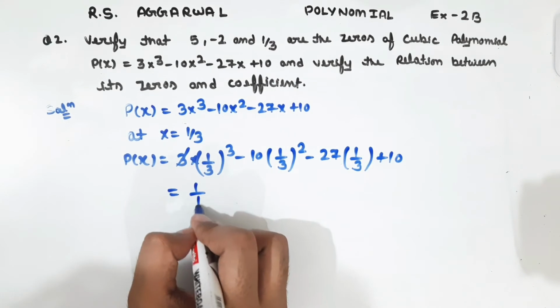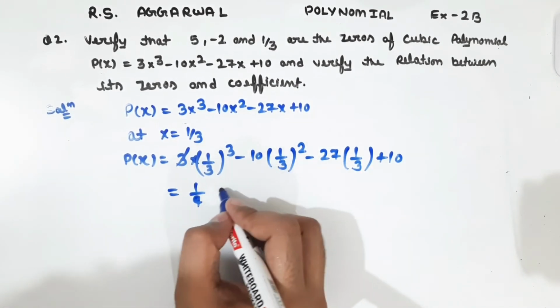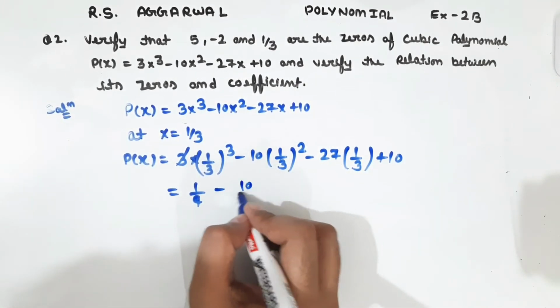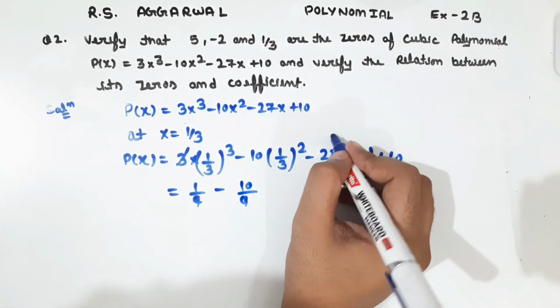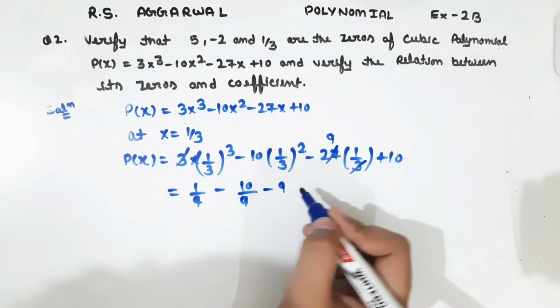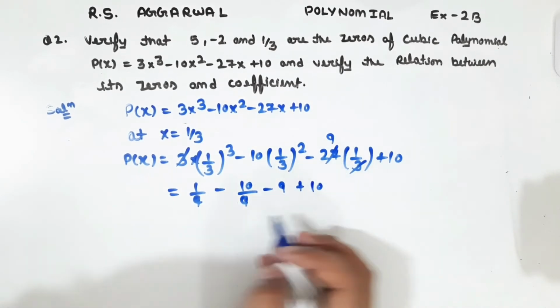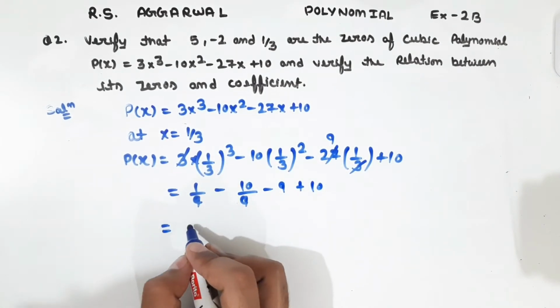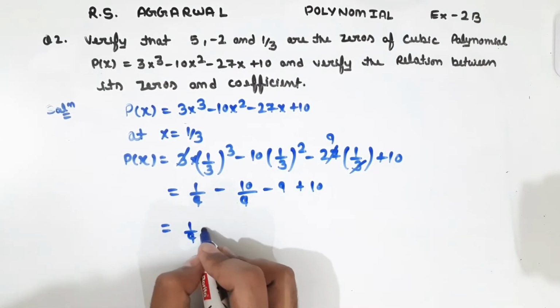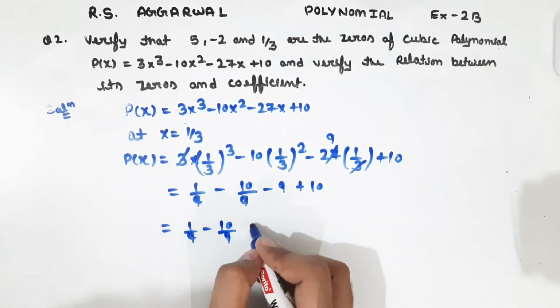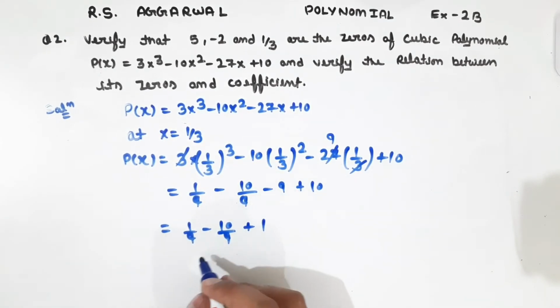So this will be equal to 1 upon 9, and this will be equal to minus 10 upon 9. 3 threes will be cancelled out, 9 times. So minus 9 plus 10. So from here 1 upon 9 minus 10 upon 9 minus 9 plus 10 will be equal to plus 1.